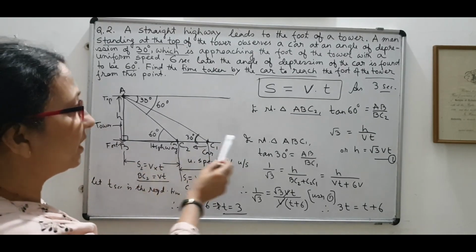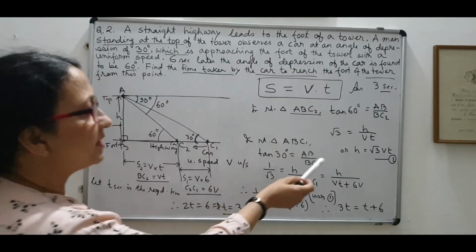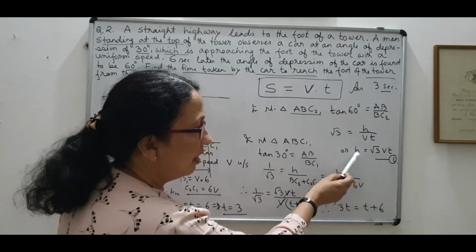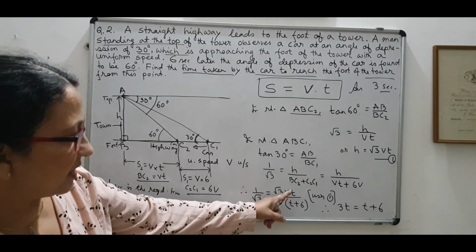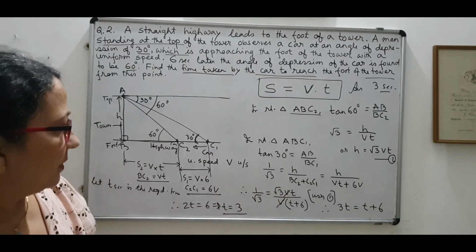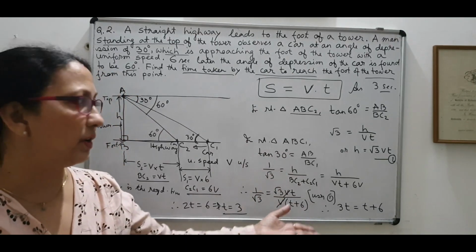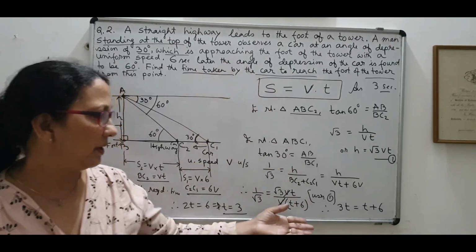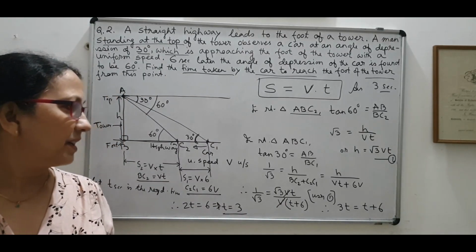From these two, I get two equations using the tan ratio, and then I can eliminate one of the unknown variables. Here h is getting eliminated in this way. So I think this is a very easy way of solving this question. Okay, I think we have understood the thing. Okay, that's all for today.